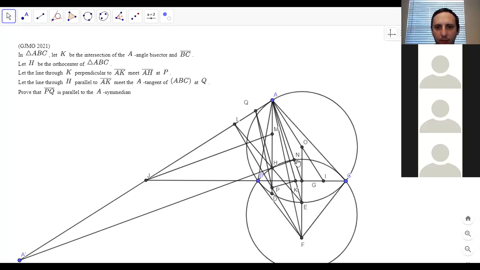So JA equals JK is an angle chase, but then I guess we can show that JK squared is JB times JC by harmonic. Reflection of N over BC lies on ABC. Okay, sorry about that.